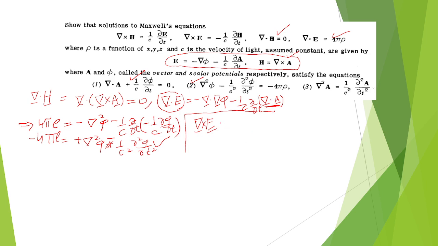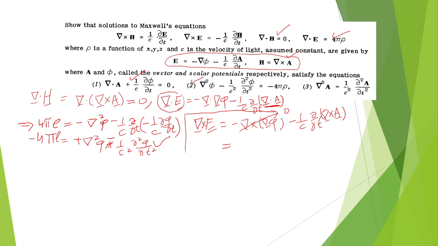That is equal to minus curl of grad phi minus 1 over c partial by partial t curl of A. By definition, the curl of the gradient of phi is 0.